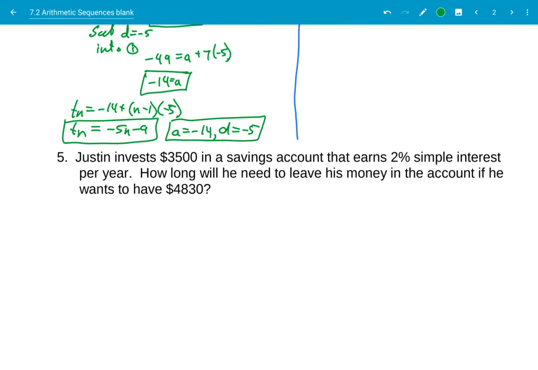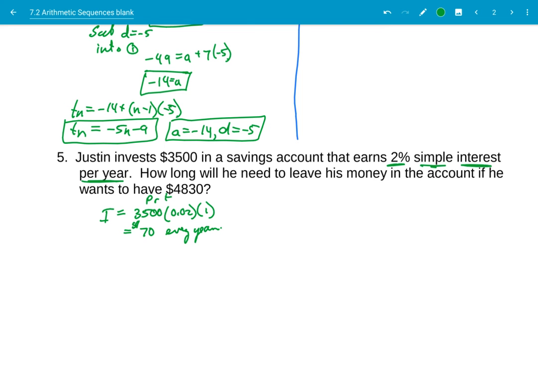Last example. Justin invests $3,500 in a savings account that earns 2% simple interest per year. How long will he need to leave his money in the account if he wants to have $4,830? So the interest for 1 year is, I'm doing PRT, 3,500 times 0.02 times 1 year, is simply $70 every year.